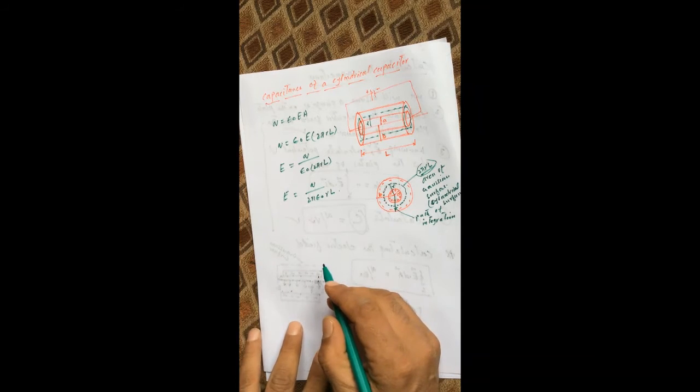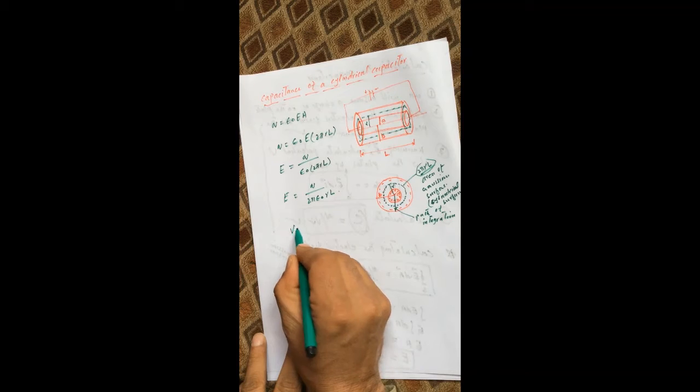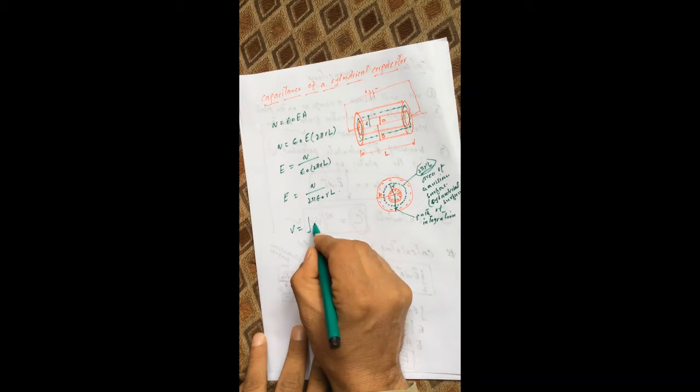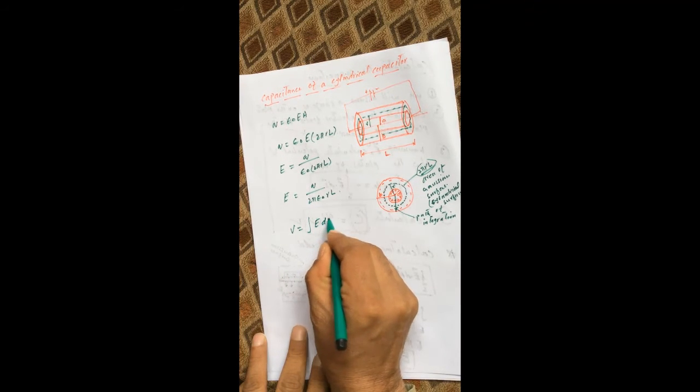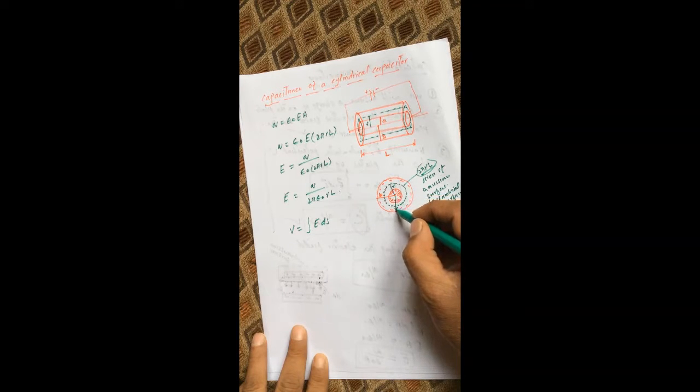Now to calculate the potential difference, the electrical potential, we use this relation: V is equal to the integral of E dot ds, and the path of the integral is from the positive plate to the negative plate, or from the cylinder with positive charges to the cylinder with negative charges.